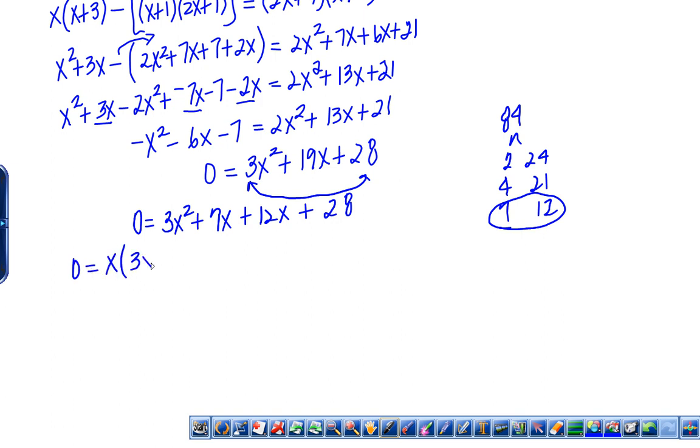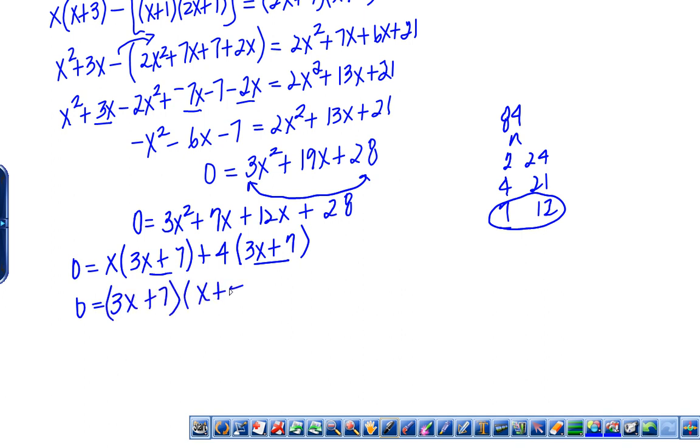That leaves me with 3x plus 7. I can take out a 4 out of my next group. That leaves me with 3x plus 7. So these are the same, so that's one answer. So that's 3x plus 7 is one answer, and my next one is x plus 4.